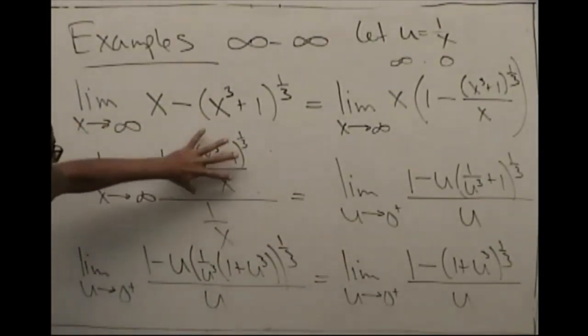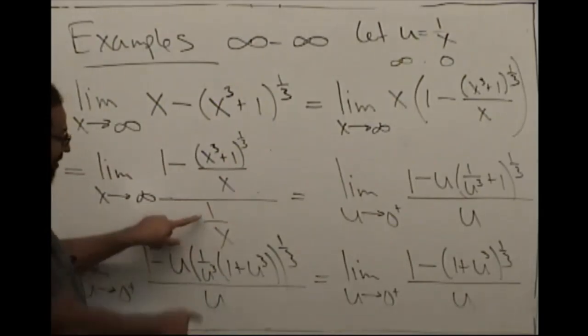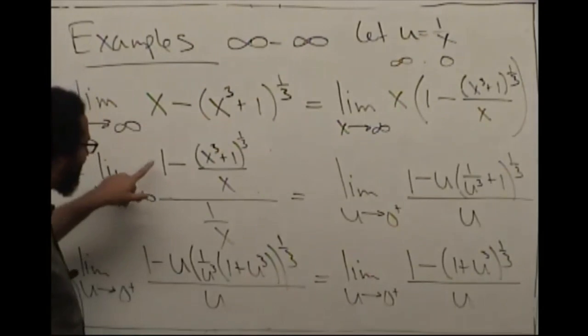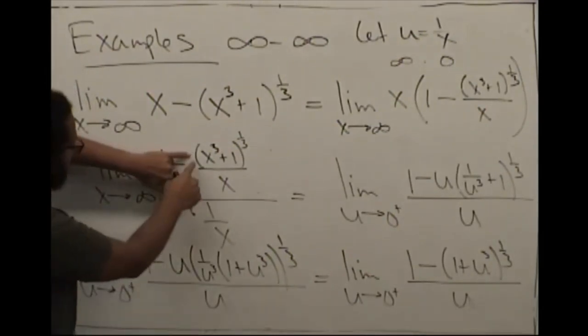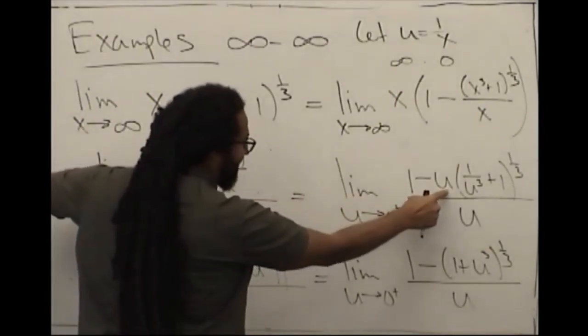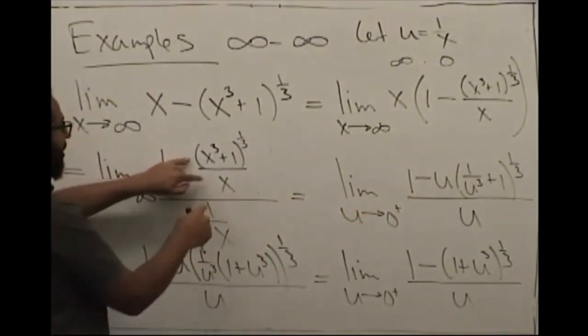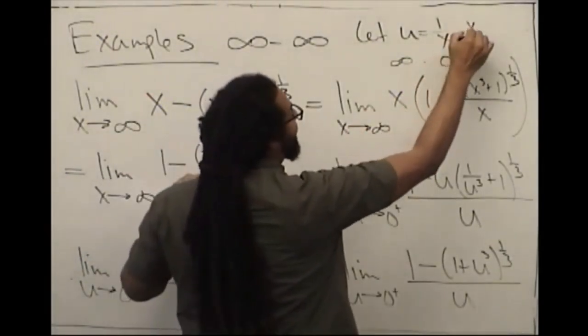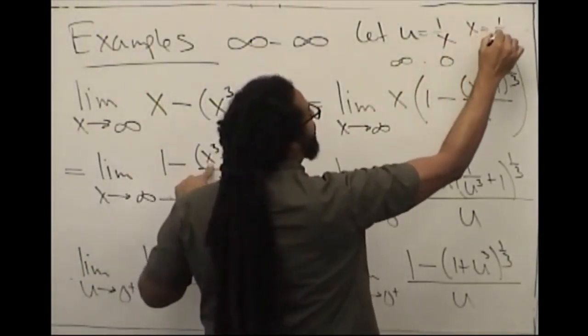And so how do we write this thing? Well, certainly 1 over x is just u. That's what we said. And now to multiply by 1 over x is the same thing as to multiply by u. And now x is the same thing as 1 over u.